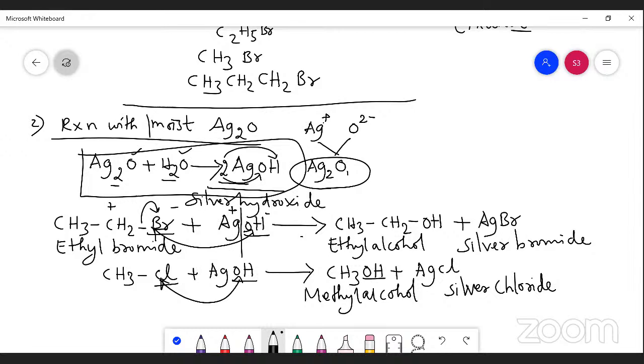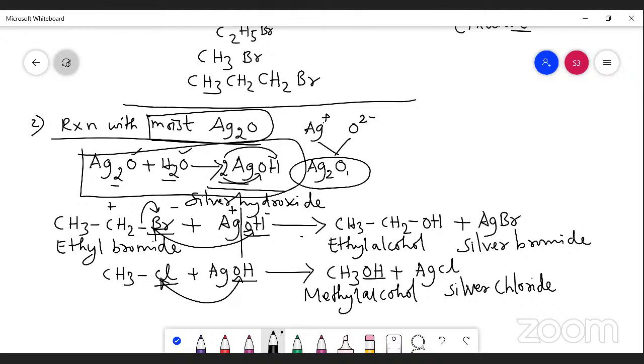What is the meaning of moist silver oxide? First, find out the reactant molecule. Then only the silver, mention moist silver oxide. Writing the reaction, it is impossible to balance.